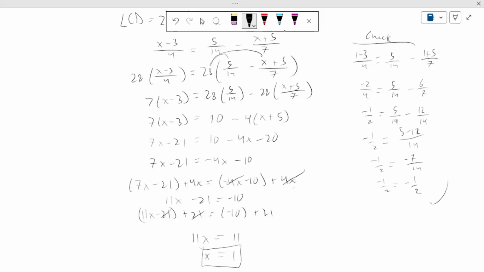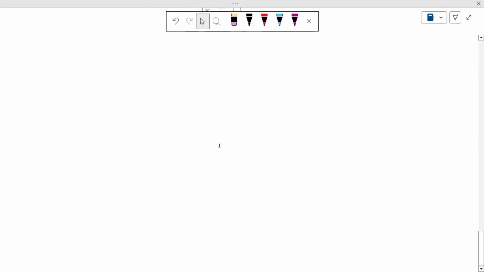So let's talk about rational equations, which I don't think this is even the right section to really talk about rational equations, but we'll see. Rational equations can get pretty messy, okay?